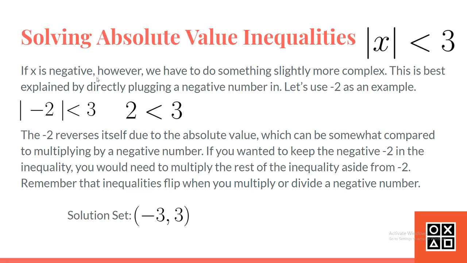If x is negative, however, we have to do something slightly more complex. This is best explained by directly plugging in a negative number. Let's use negative 2 as an example.